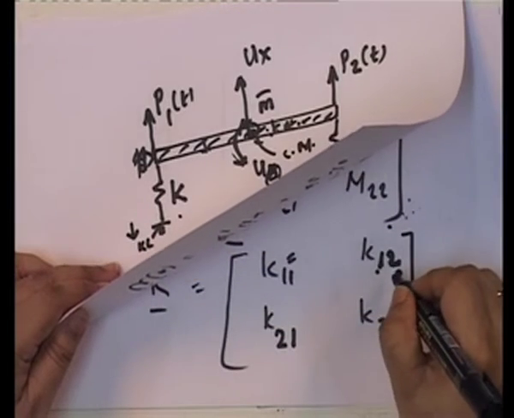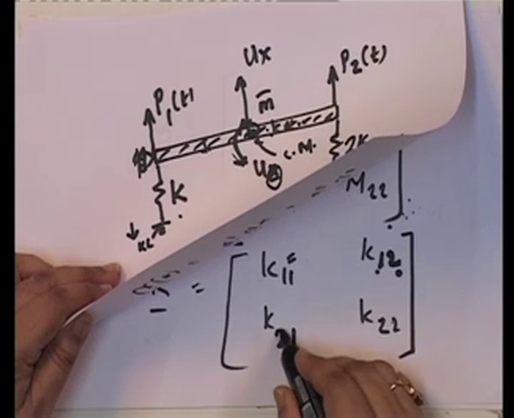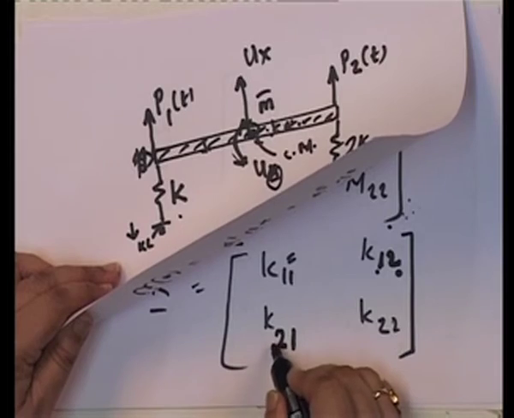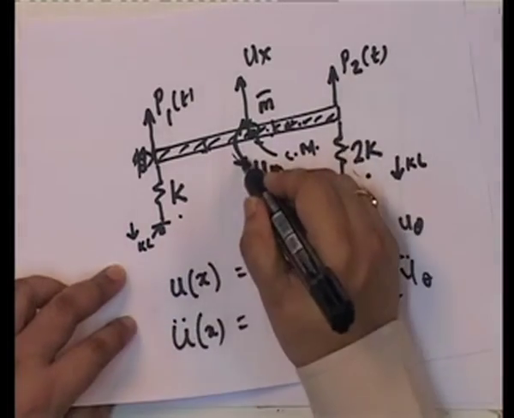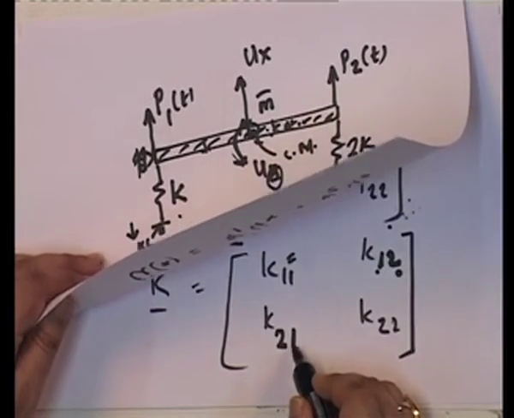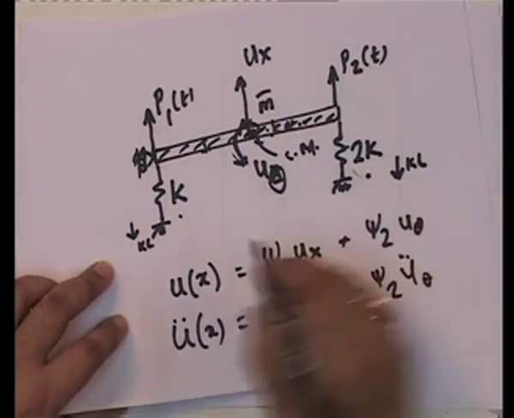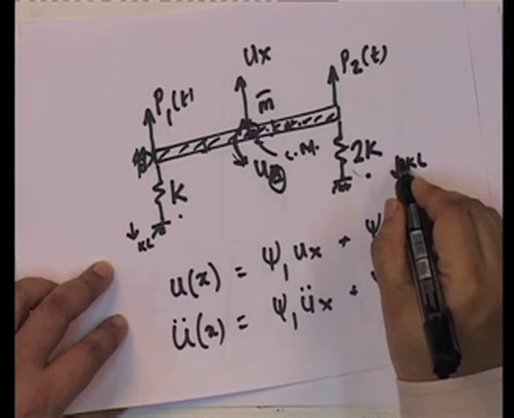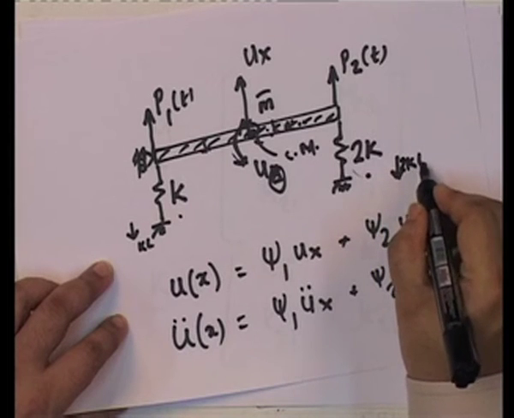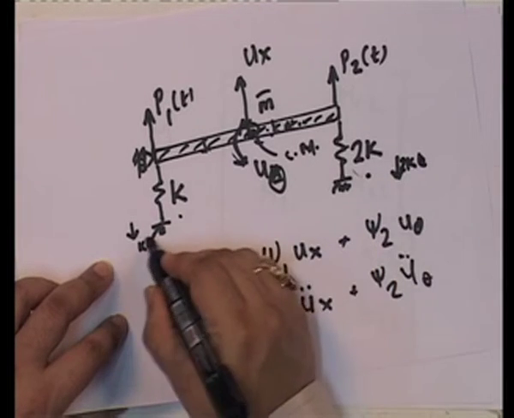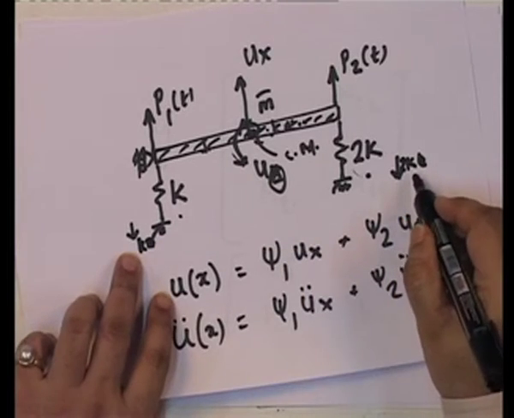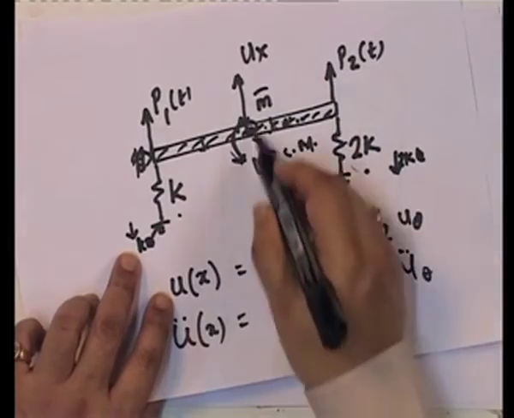Please note what I am saying. This K21 is the force corresponding to 2, which is the moment due to unit displacement 1. So, if I give unit displacement 1, this becomes 2k and k, right. These are the forces, which is why I had 3k. So, let us look at the moment.